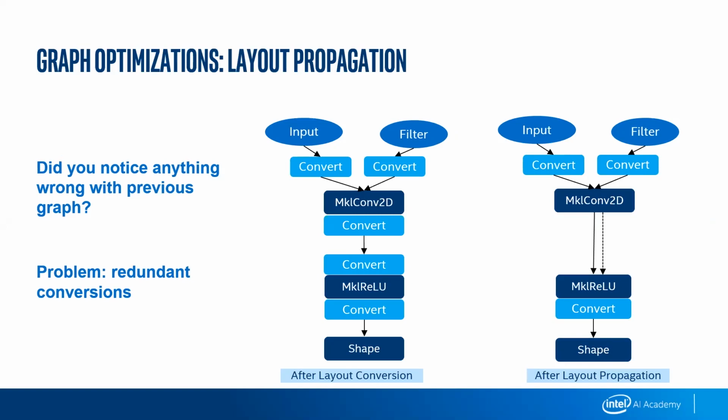We apply an MKL operation, in this case a convolution 2D based on MKL-DNN, and directly feed it to MKL ReLU, or in the earlier case we could even do it with fusion as well. So we could do MKL convolution with ReLU, and then finally reconvert it into a format that is understandable for TensorFlow or any other future operations down the road.